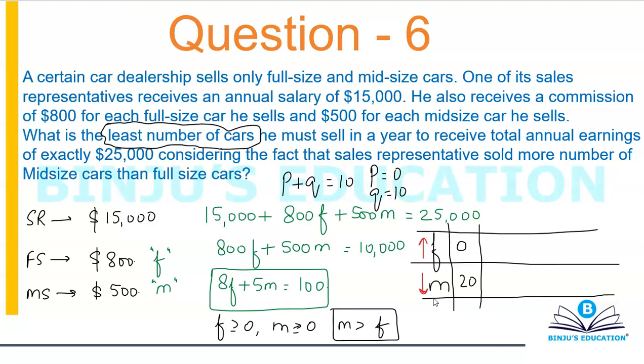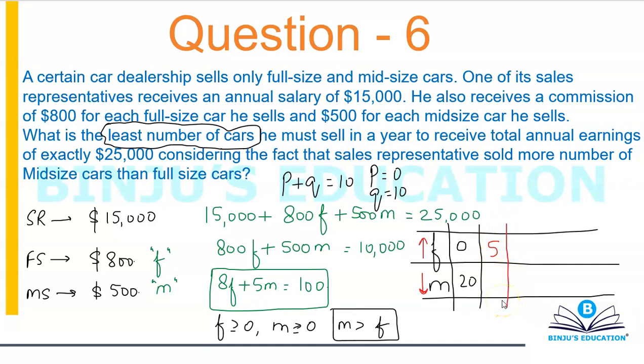In order to calculate the next value of f, you add the coefficient of m to the previous value of f. I'll repeat myself: to calculate the next value of f, you add the coefficient of m, which means the next value of f will be 0 plus 5, which is 5.